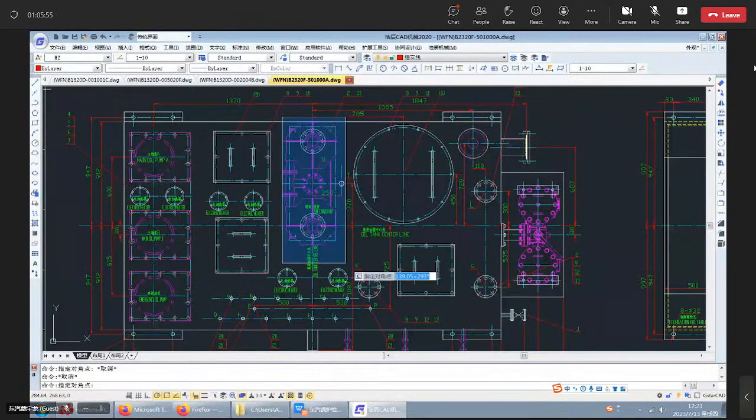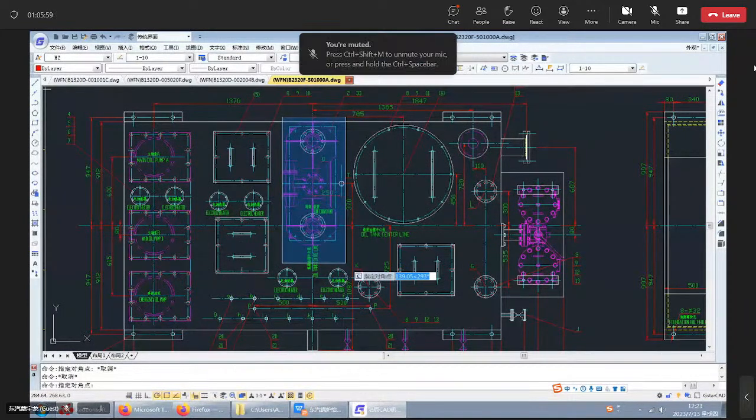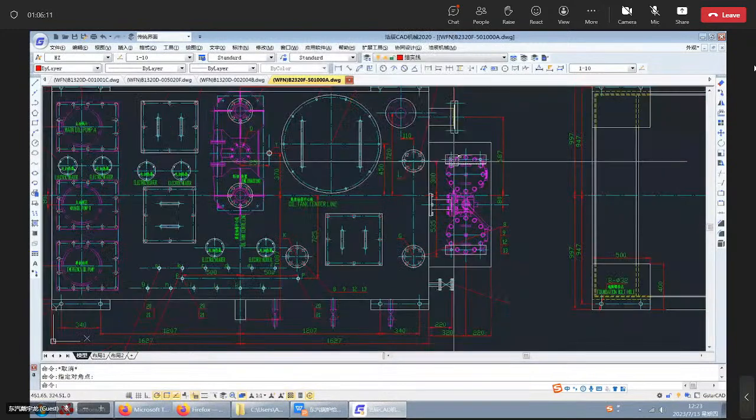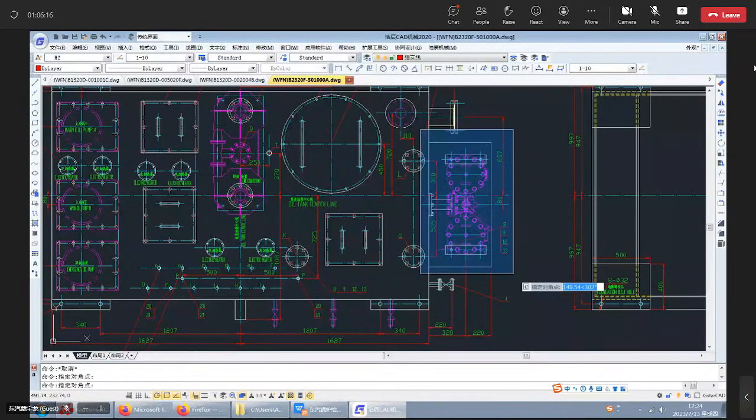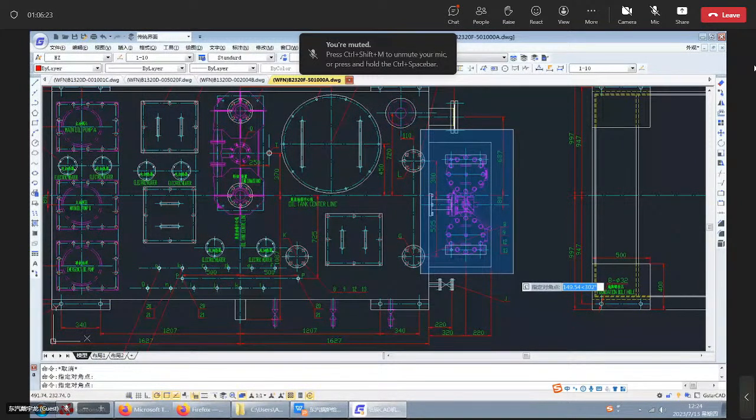This area in the middle is where we install the fume exhaust unit. This area is where we install the duplex oil filter.